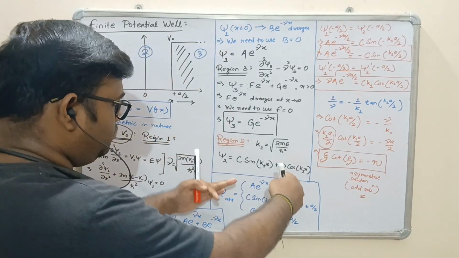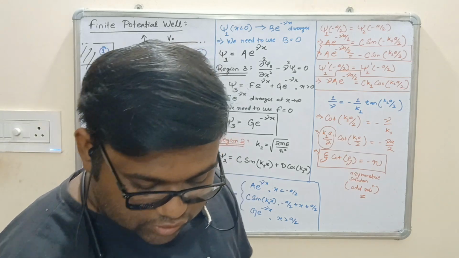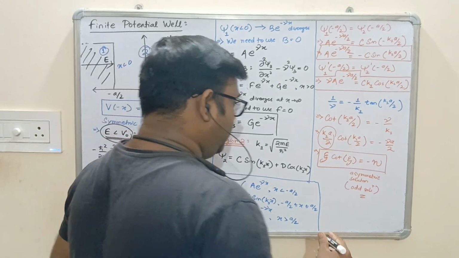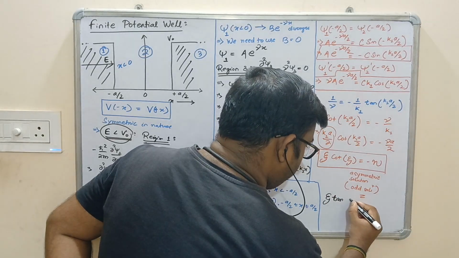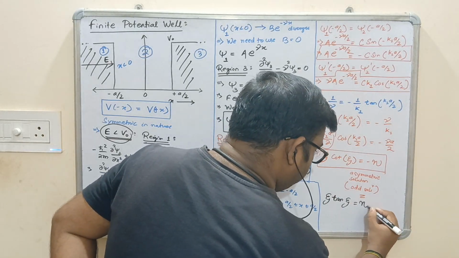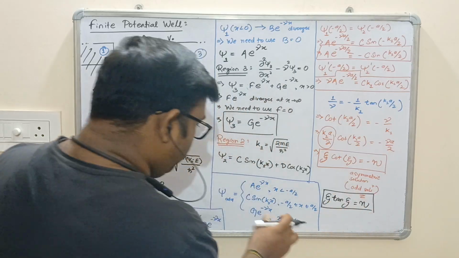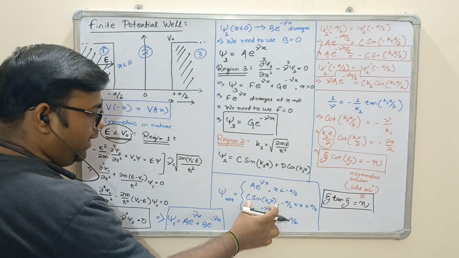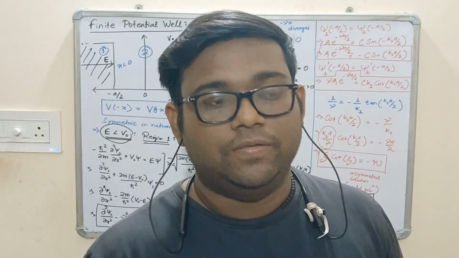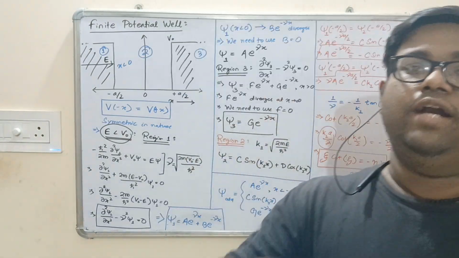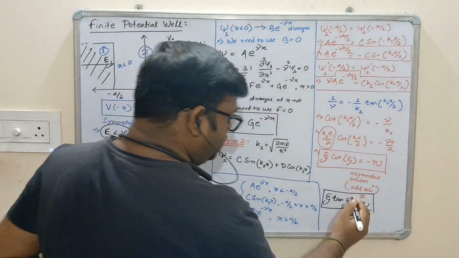Similarly, when you use the boundary condition for the even wave function, you will get another condition, which is E tan E equal to eta. How will you get it? Instead of C sine k1x, if you use D cos k1x, that will be a symmetric solution, and you will find this equation.